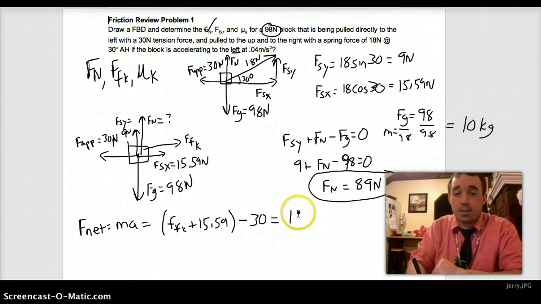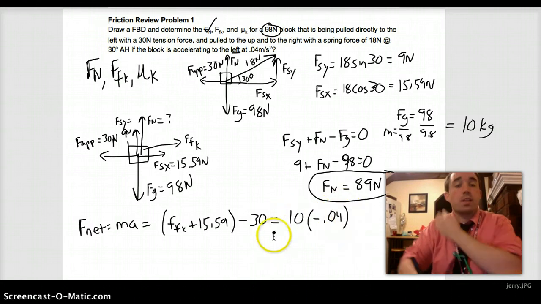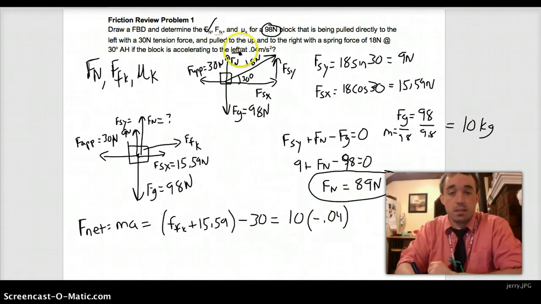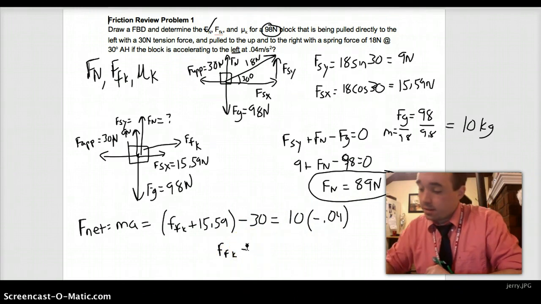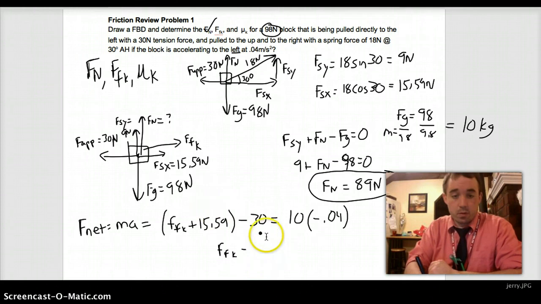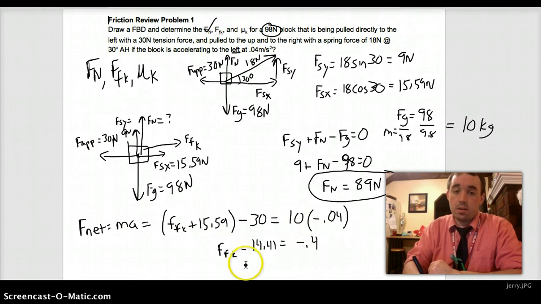So my mass is 10 kilograms, and my acceleration is negative 0.04 meters per second squared. That's negative because it's left. All right, so I can simplify this a little bit. FFK plus 15.59 minus 30, negative 14.41, equals negative 0.4.